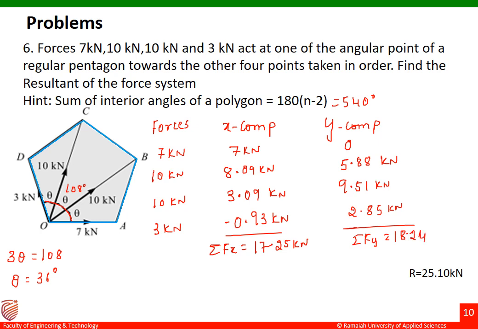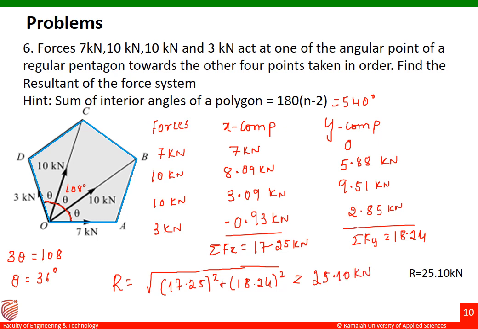Let us find R. R is equal to square root of 17.25 square plus 18.24 square, which is 25.10 kilonewton. This is the resultant of the given system of forces.